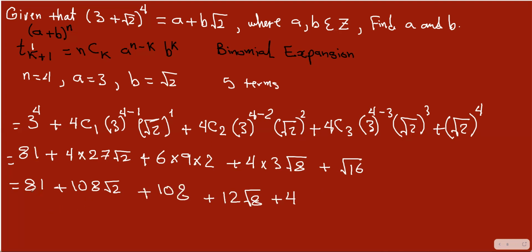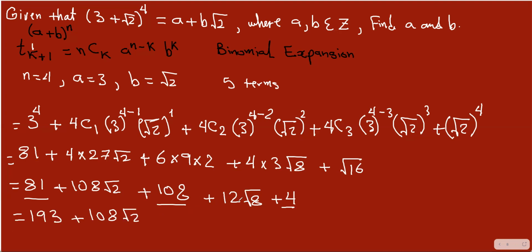Now I'm just going to add the 81, 108 and 4. We get 193 plus 108 root 2. So remember we added these here and we got 193.